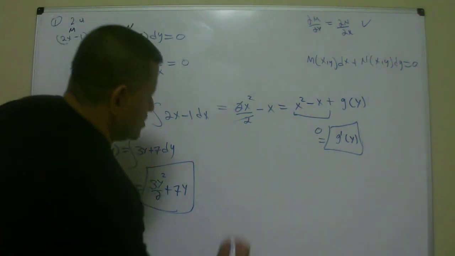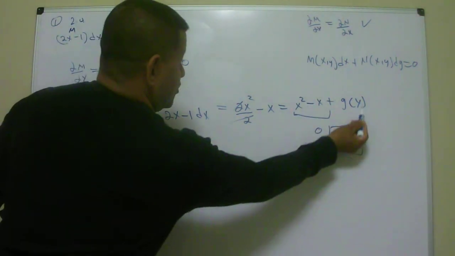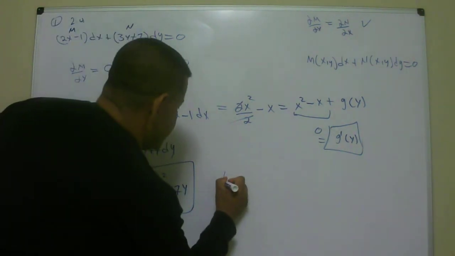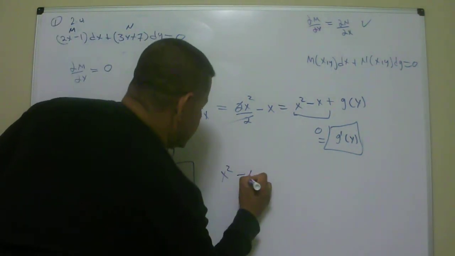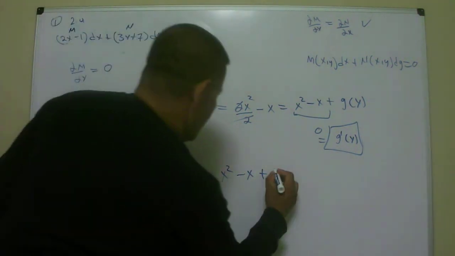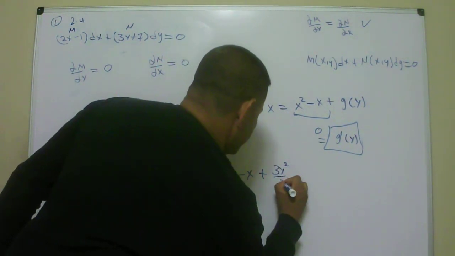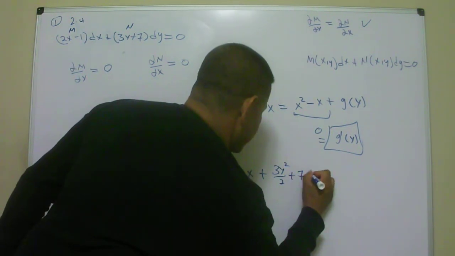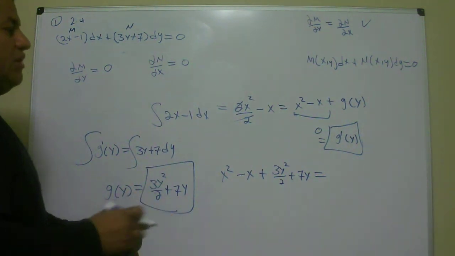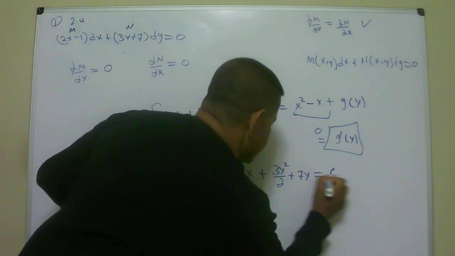So the final answer is going to be x squared minus x plus 3y squared over 2 plus 7y, and you can set it equal to a constant, C.